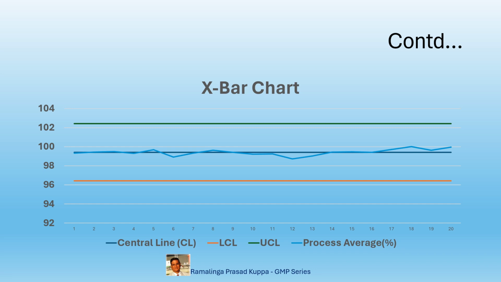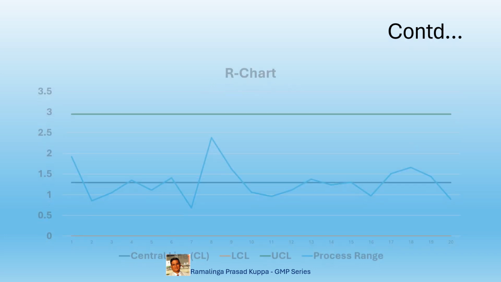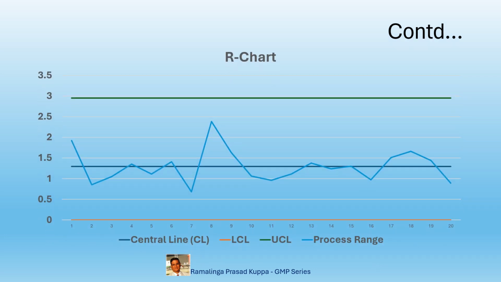See this chart. The information indicates that the average values are hovering over the central line most of the time. Process average seems to be acceptable. See this R chart. The values are dispersed widely around the central line. Though they are within the process width, there is no consistency in the SA values in consecutive batches.